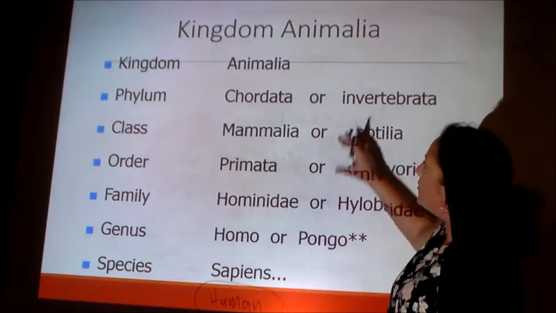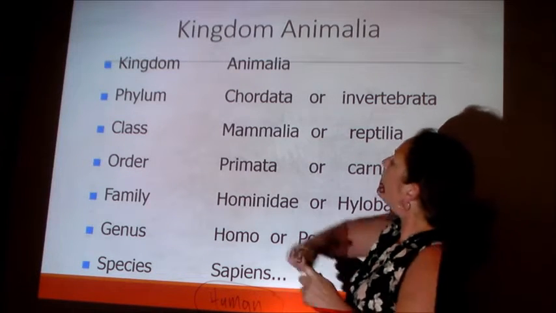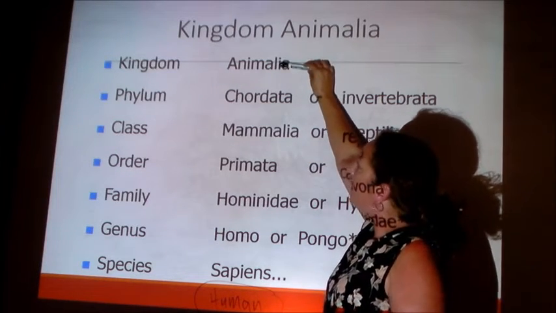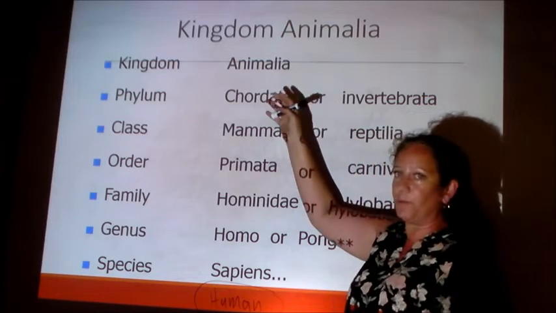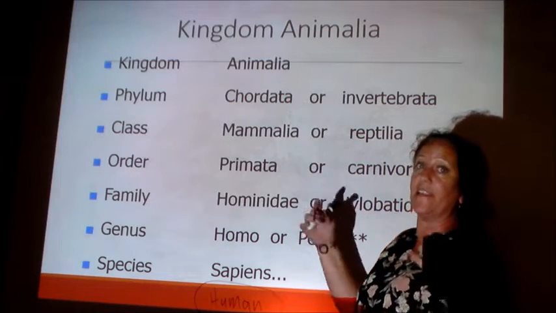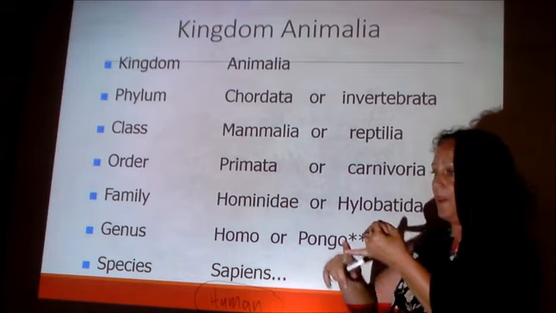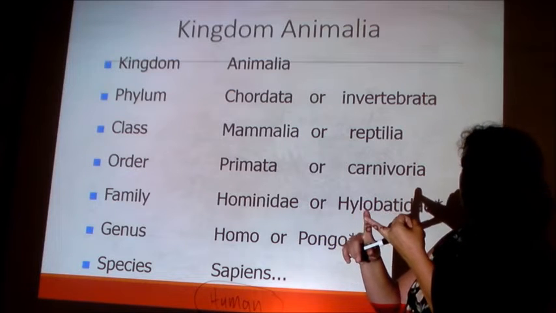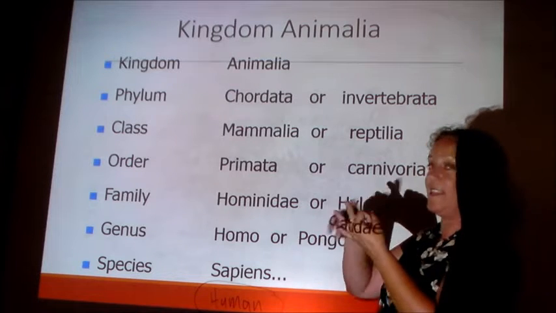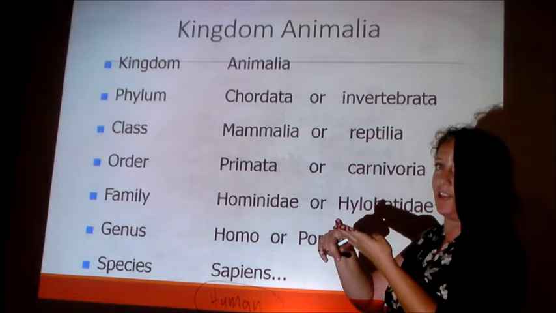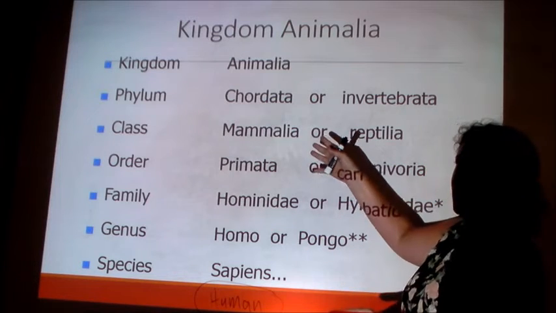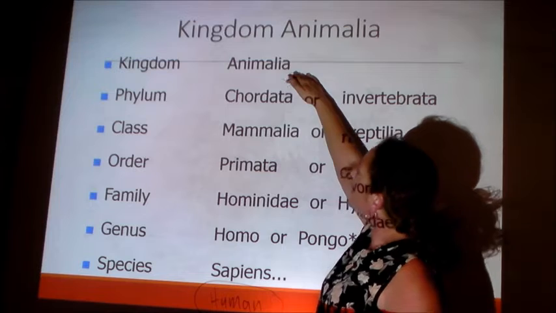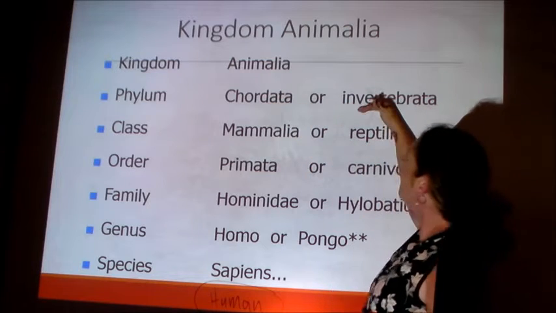Okay? But I've given you some other examples. So, if I have kingdom Animalia, that means every animal on Earth that we find that has no cell wall, is eukaryotic, has a nucleus, is heterotrophic and multicellular, then we know it's going to fall into this kingdom. So you can either be a chordate or an invertebrate.